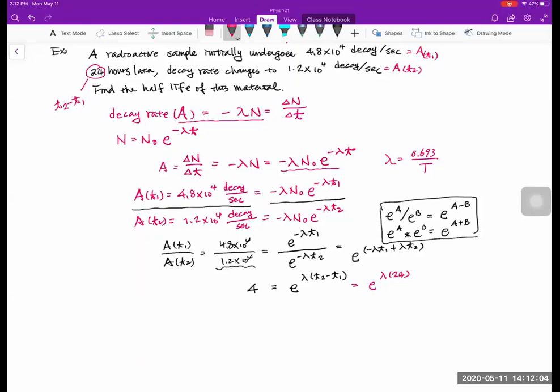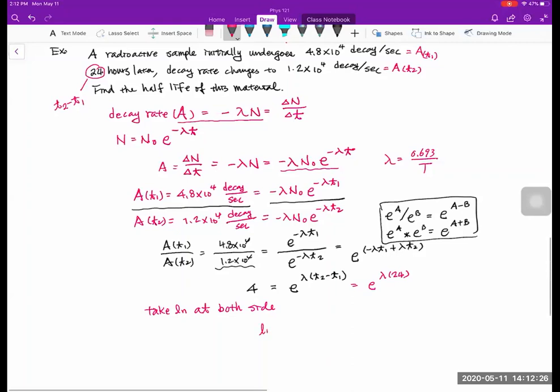How do we solve this? You take the natural log on both sides. You're going to have the natural log of 4 equal to the natural log of the exponential.